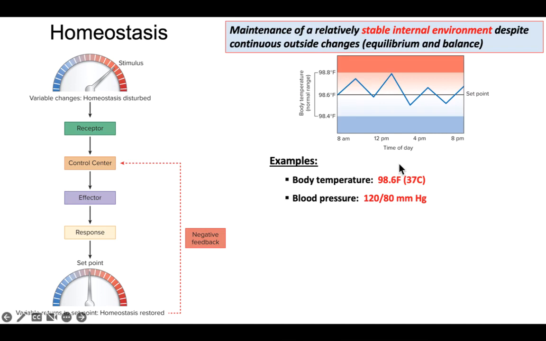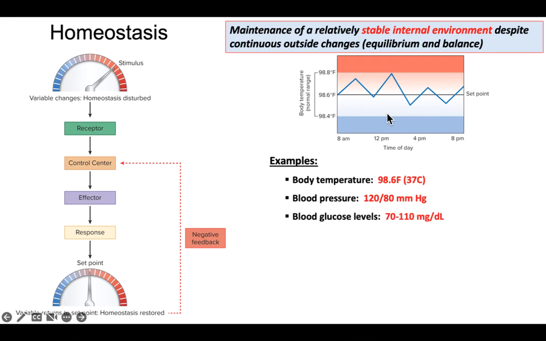All right, and we've probably seen these numbers, 120/80. That's kind of your normal blood pressure. The 120 is when it goes up, when your heart contracts. And then the 80 is when the pressure goes down, when your heart relaxes. So same thing, same idea. We want to keep it in a relatively constant range.